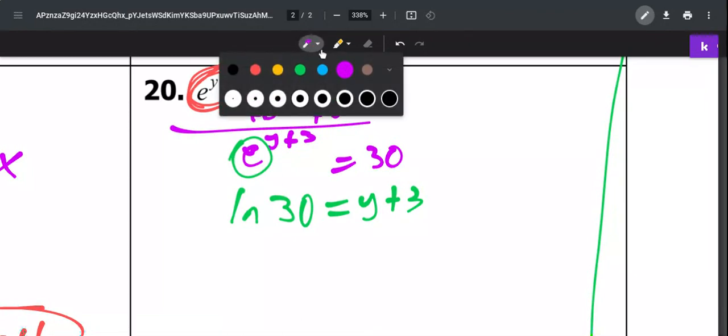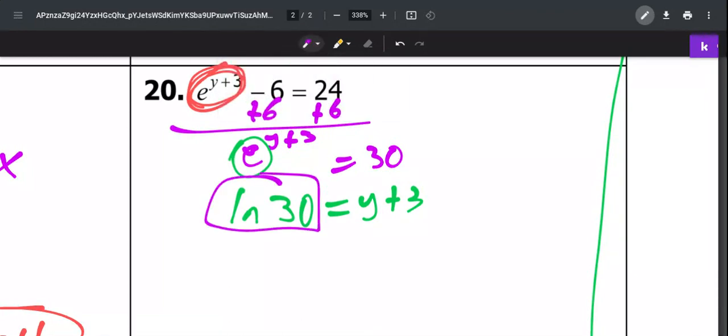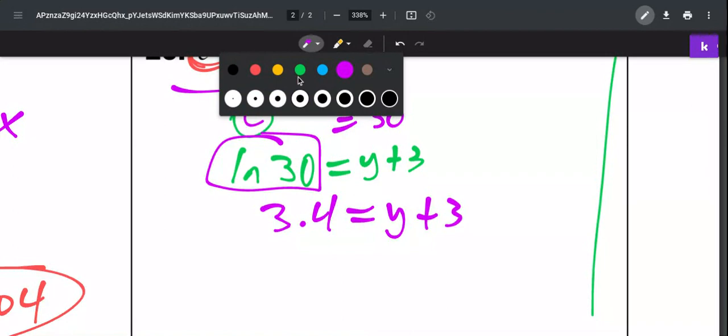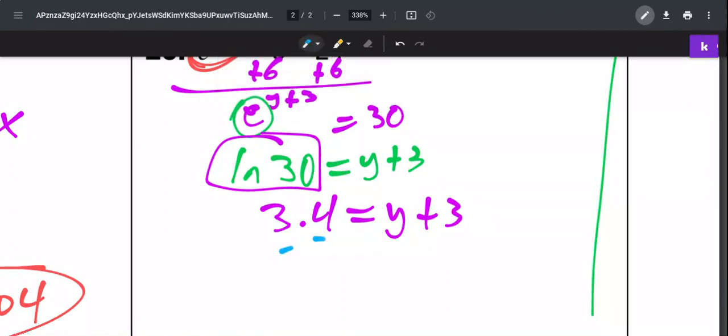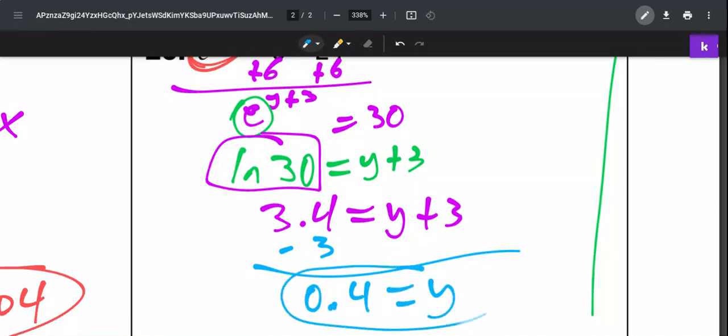But you're going to plug this portion in the calculator and figure out what number that is. And we can just round it. So it's 3.4 equals y plus 3. Now we can just solve for y. So we will subtract 3 on each side. So we'd say 0.4 equals y.